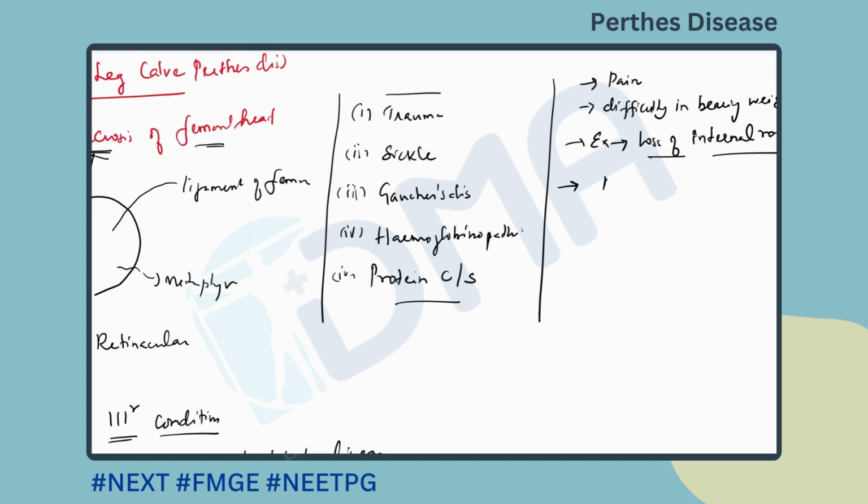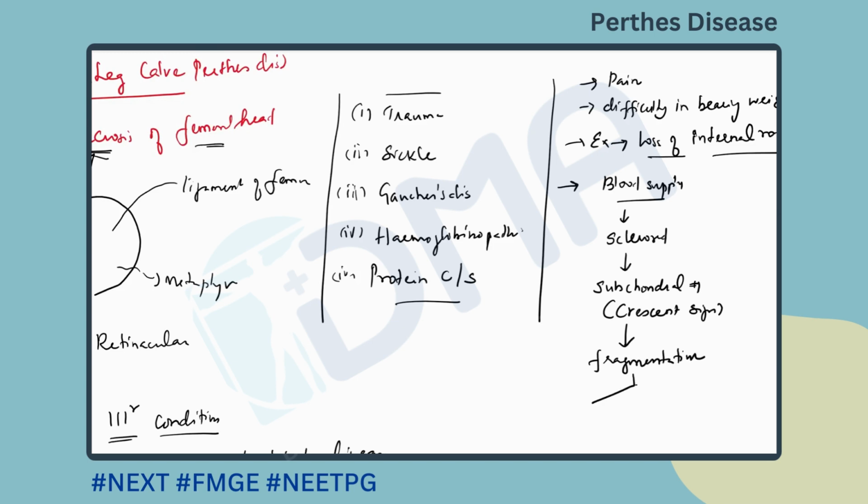So when the blood supply is lost, what are the features that can happen? Usually the bone dies and it becomes sclerosed. Below the sclerosed area, subchondral fractures can occur, which we call the crescent sign. The fractured fragment can further go on to fragmentation.